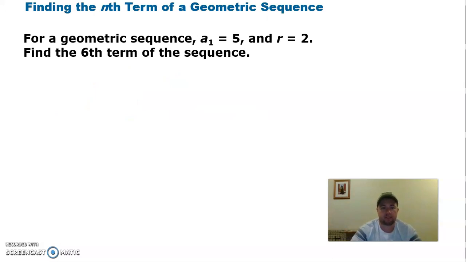Okay, we're going to do this example. For a geometric sequence, a sub 1 is 5 and the ratio is 2. Find the 6th term of the sequence. So we're going to write our formula. A sub n, or any number, equals a sub 1, our first number, times our ratio to the n minus 1.